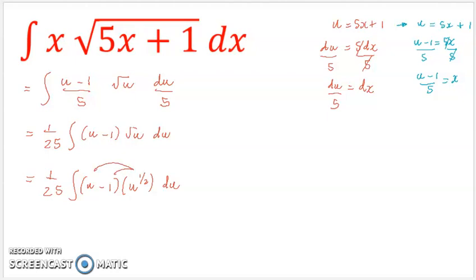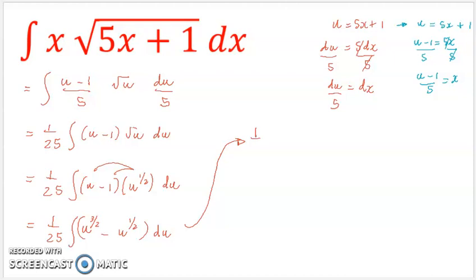Before we distribute, we have 1 over 25 integration of u raised to 3 halves minus u raised to 1 half du. And from here, let's apply the rules of integration.